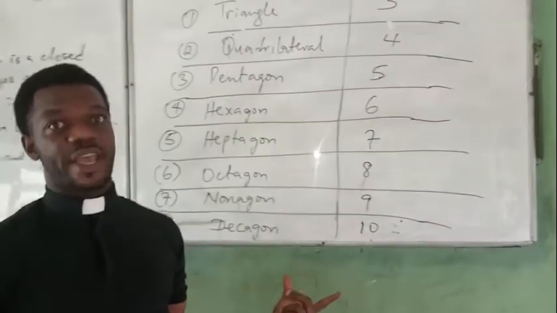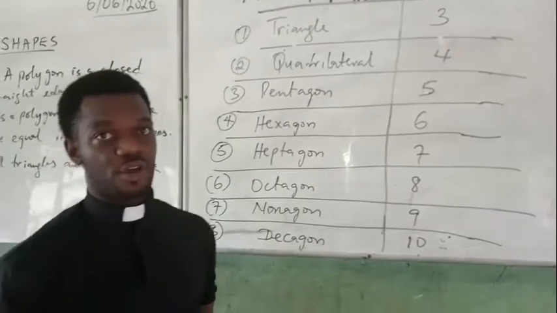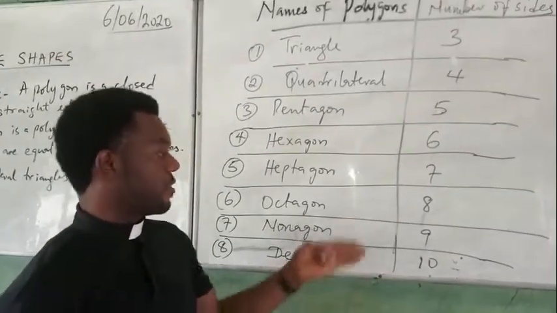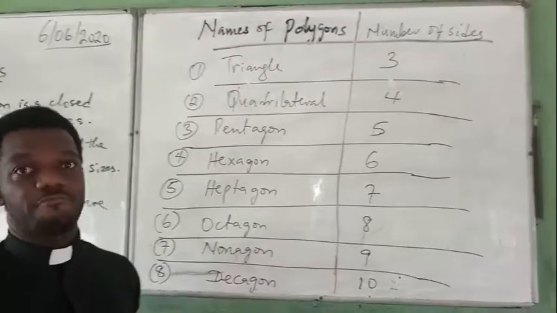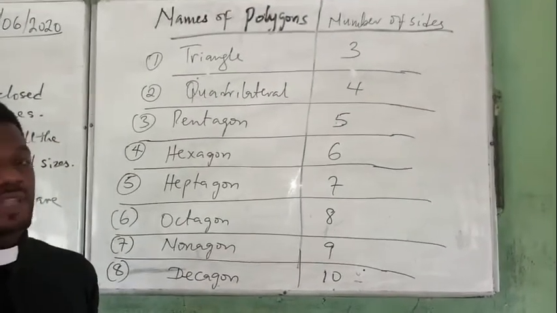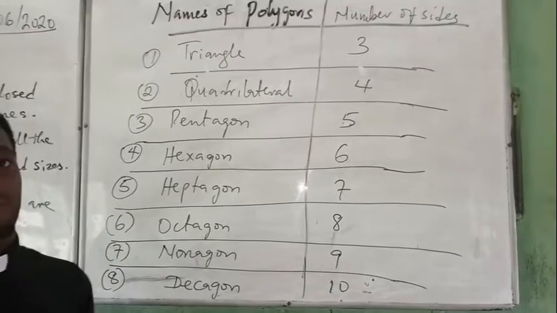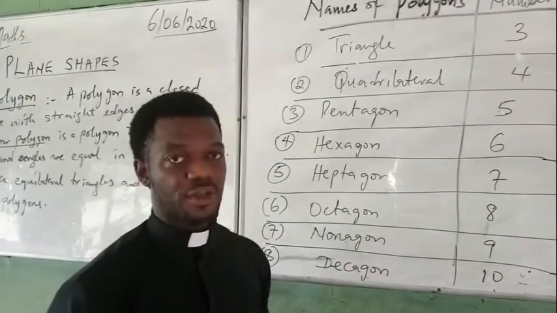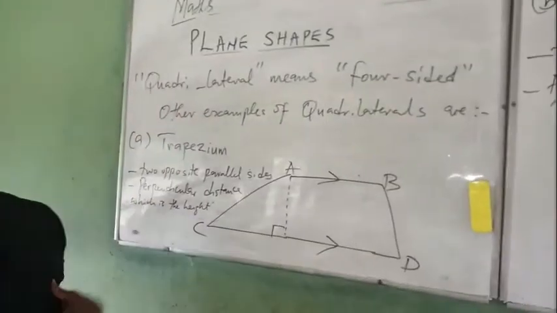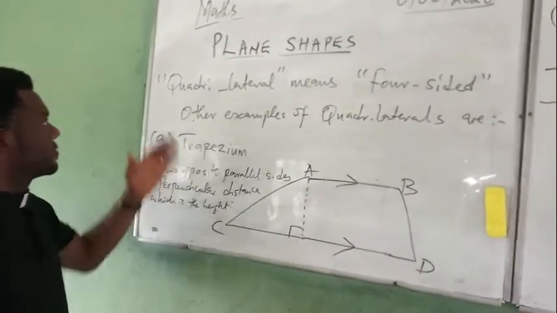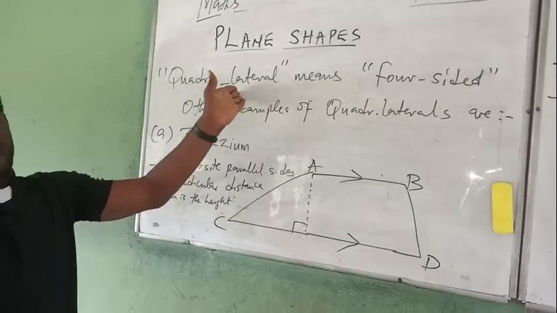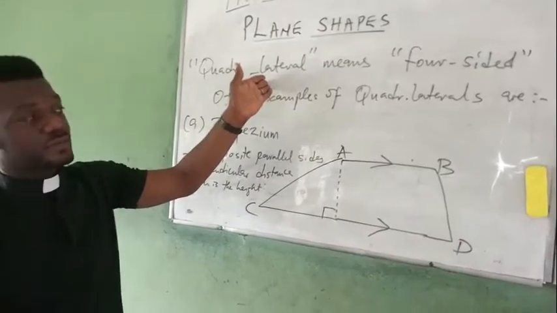This is the limit we can go with regard to your scheme of work in JSS 1. These are Greek terms. These are the names of polygons we are going to discuss at your level in JSS 1. As we have discussed, quadrilateral is a name of a polygon.